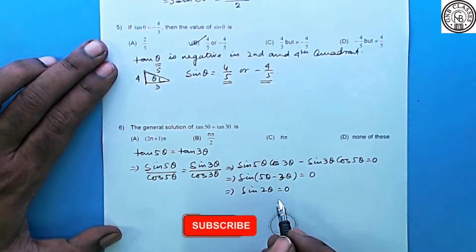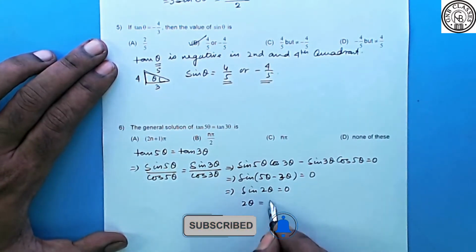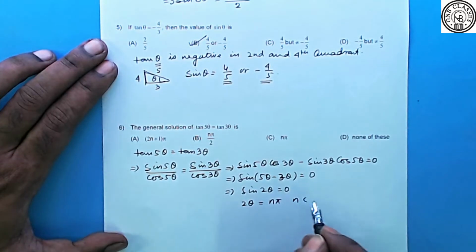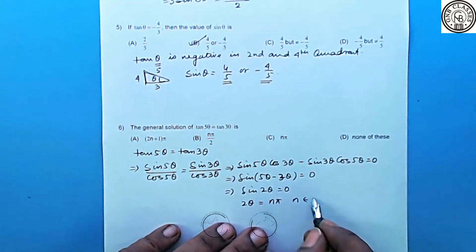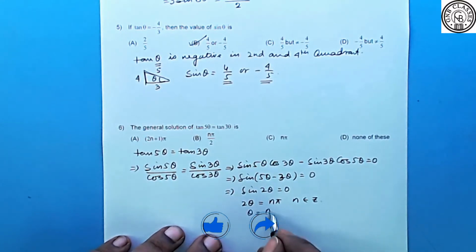We know that when sin theta is 0, theta, in this case 2 theta, is n pi, where n belongs to any integer. Is it clear? So your theta is coming to n pi by 2.